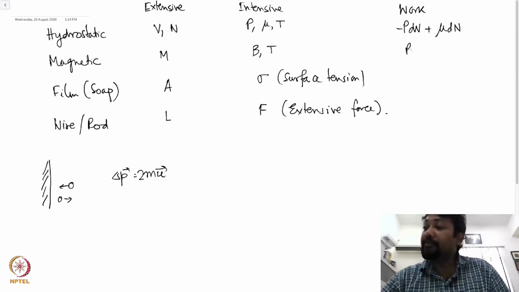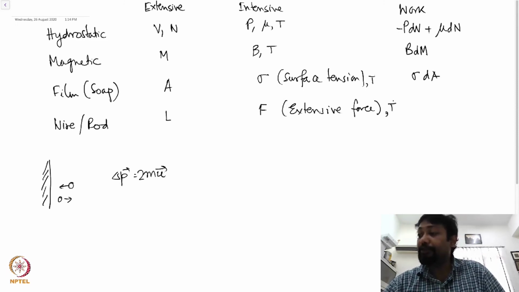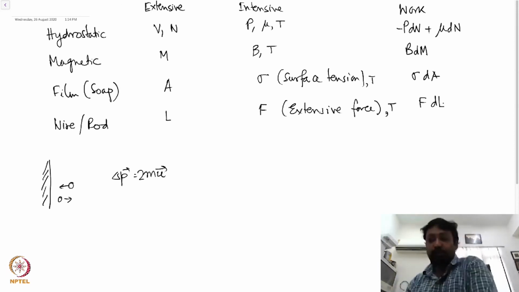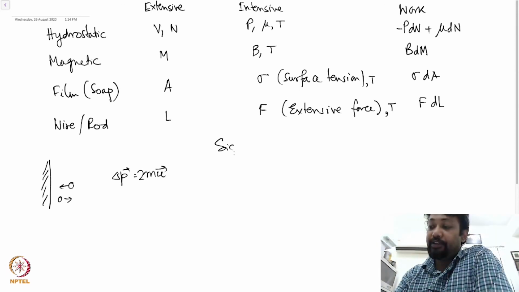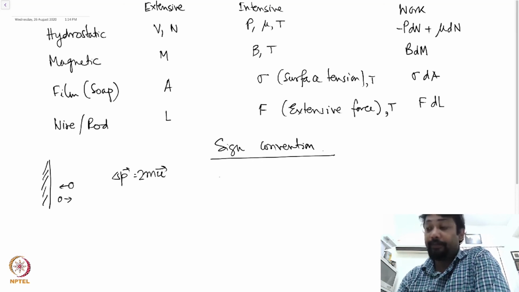For a magnetic system, I have B dm. For a soap film, I have sigma dA. The temperature is also here, and I have F dl. Throughout this course, the sign convention for the energy is the following.